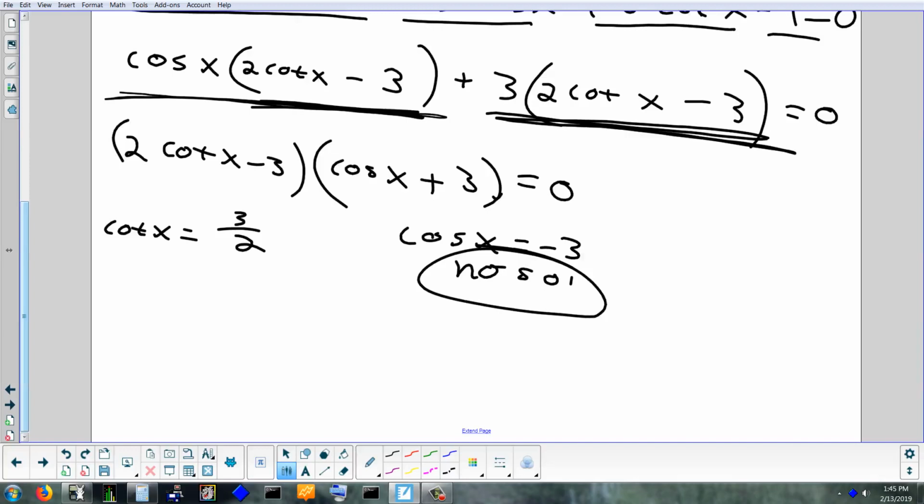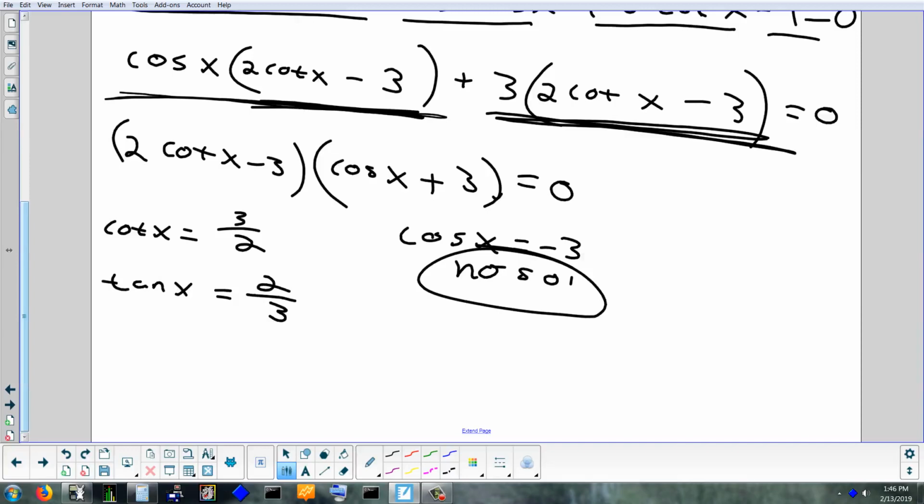So we have to rewrite this with a different trig function that we have a button for. What trig function is very similar to cotangent? Tangent. What's the relationship between cotangent and tangent? They're reciprocals, which, what does that mean simply? Flip it. So just flip each side. Flip what's on the left, and you just turn cotangent into tangent. Flip what's on the right. There you go. Now you've got a problem you can solve.